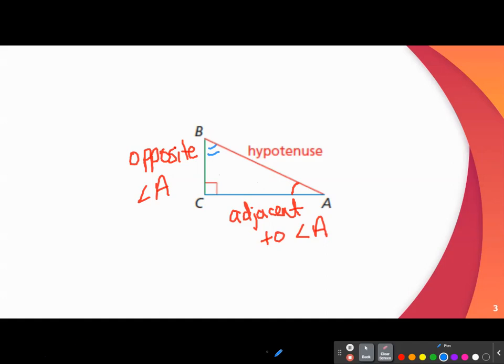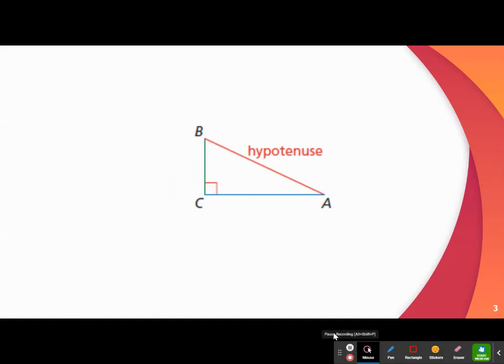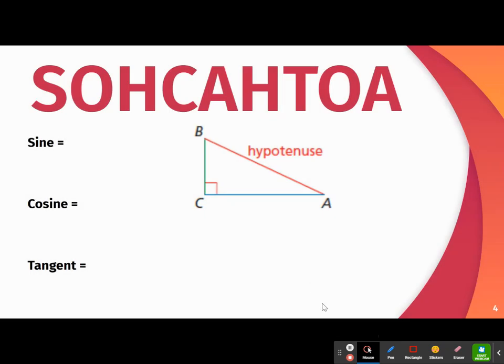All right, so now let's go over the trig ratios. Sine is opposite over hypotenuse.